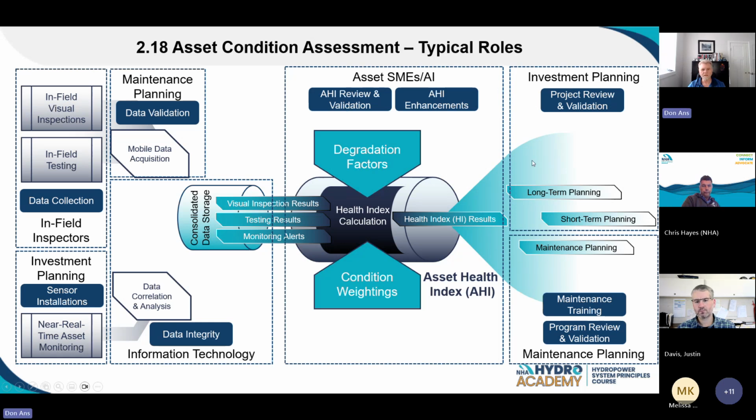The actual assessment is typically done by subject matter experts, or in this case, I actually added AI to this because the world is heading that way. In reality, if you have enough knowledge about an asset, you could have AI make the assessment. I've only seen it in a couple of cases yet, but I do think that's where the world is likely heading.